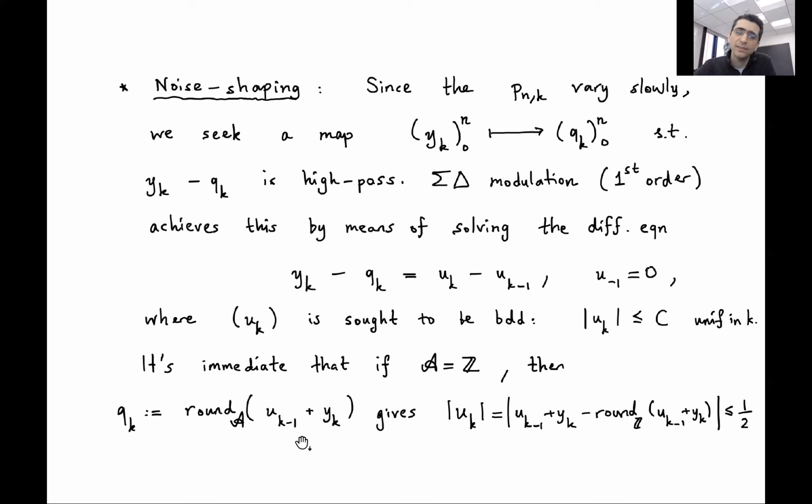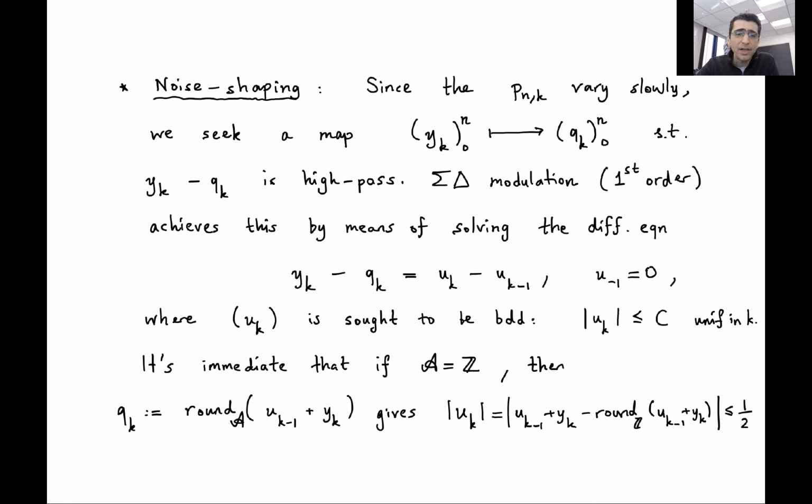That's given by this formula, and it follows by noticing that with this choice, uk is simply the rounding error here, and since we're rounding, it's bounded by 1/2. So if we start from a value that is bounded by 1/2, we maintain that we're bounded by 1/2 forever.